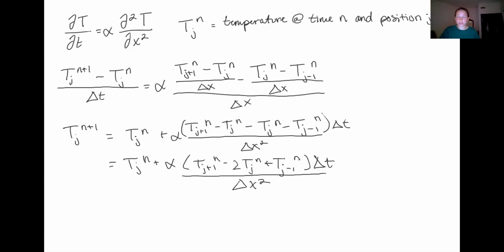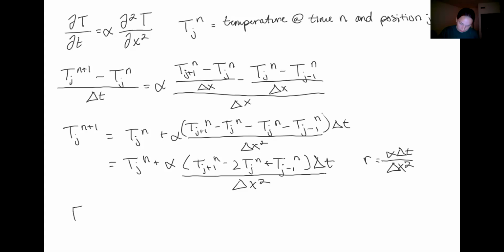And then if we merge the thermal diffusivity, change in time, and change in position values together and give them one big value, let's just call it R, equal to the thermal diffusivity times the change in time over the change in position squared, we can have an expression that we will use in the next part for coding.